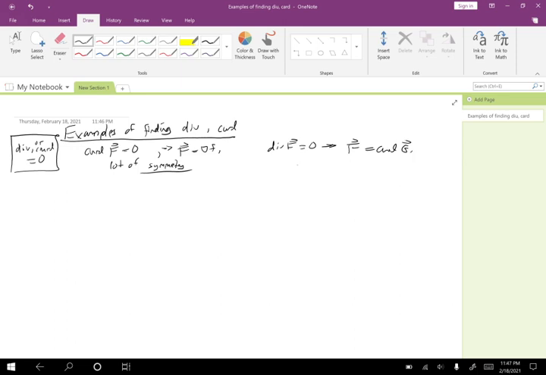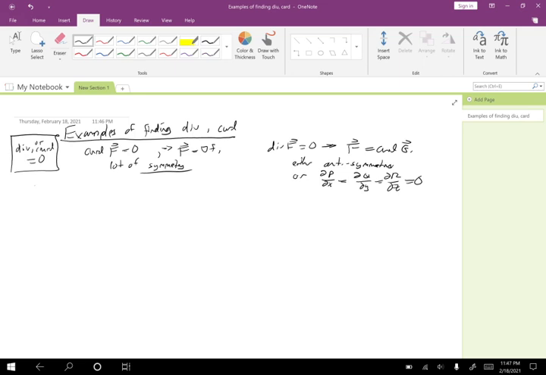And so either anti-symmetry, or sometimes, which I think is a little easier to spot, simply dp dx is 0, dq dy is 0, and dr dz is 0. Of course, the divergence is the sum of all these things, so if each of them is 0, certainly the divergence will be 0 as well.